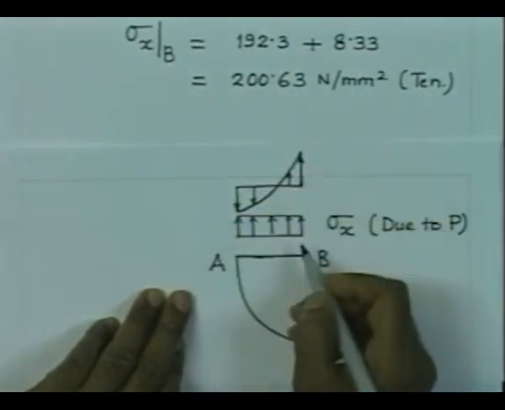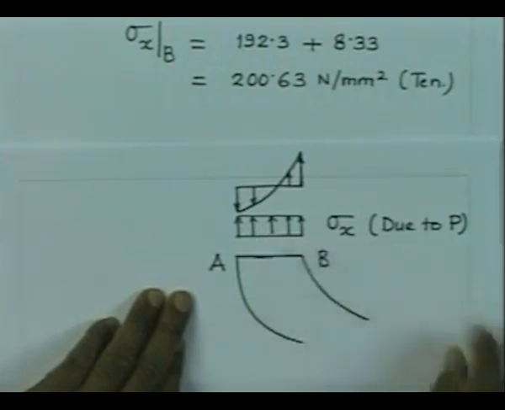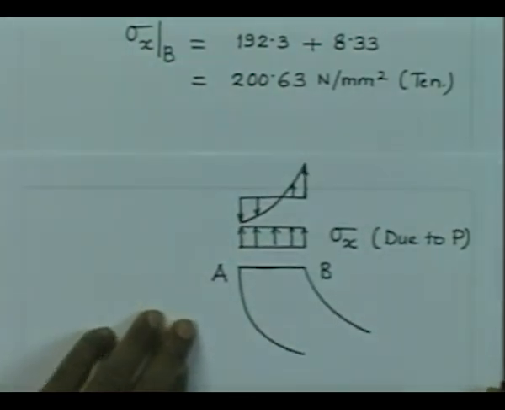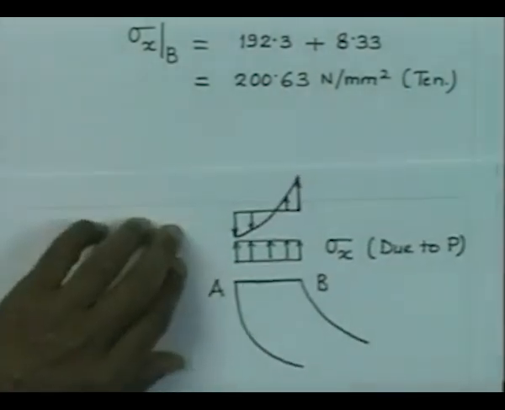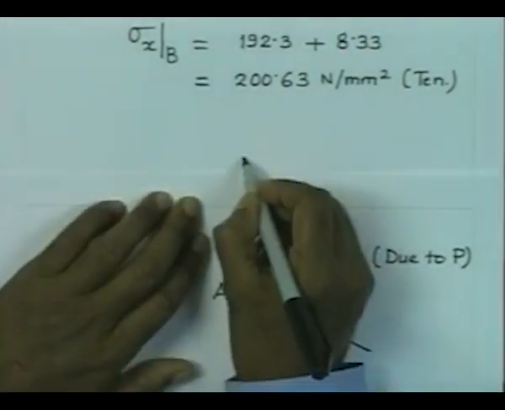Finally, the two are added and we get a stress variation which will be like this.